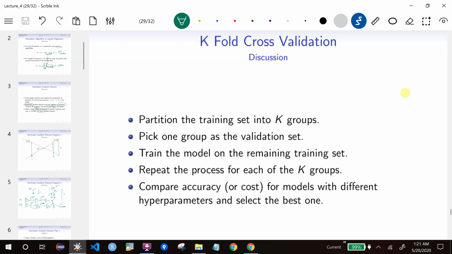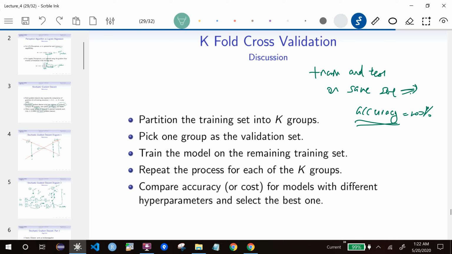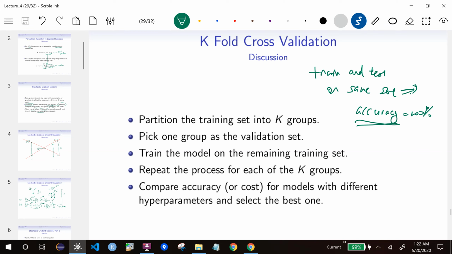So basically, if we train and test on the same set, the accuracy will be 100%. So this is not a great way to measure accuracy. And if we just split the training set into one training set and one validation set, we don't get the accuracy on the whole training set. So that's not a good idea either.